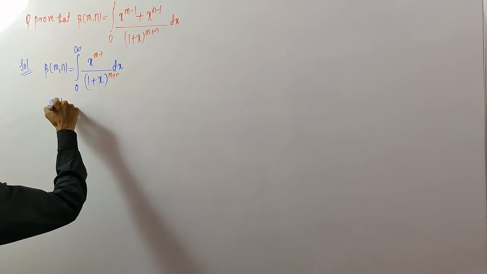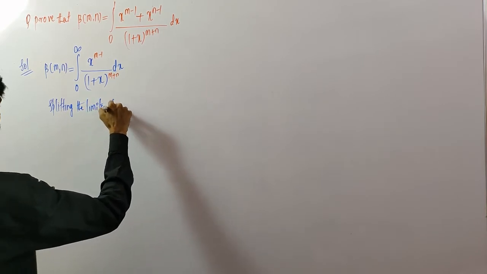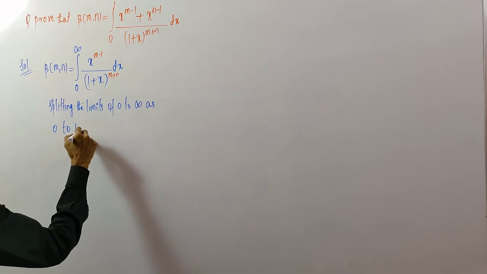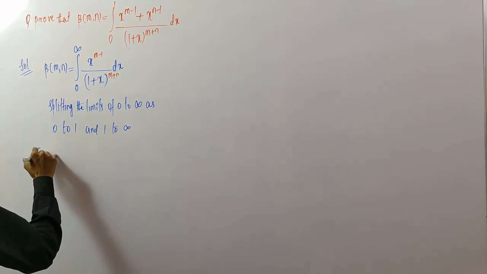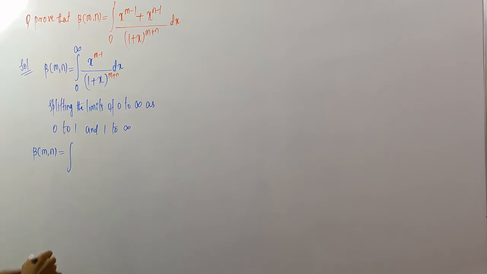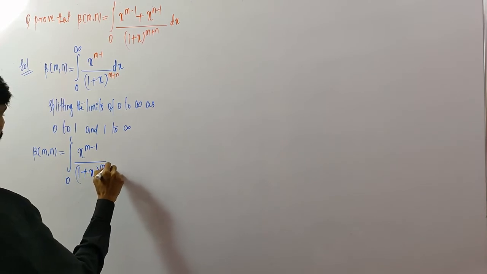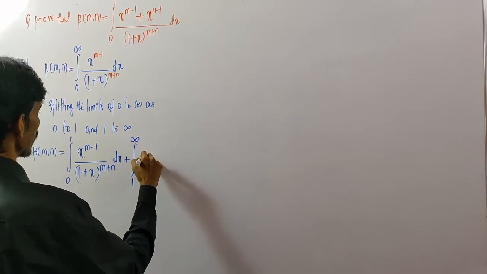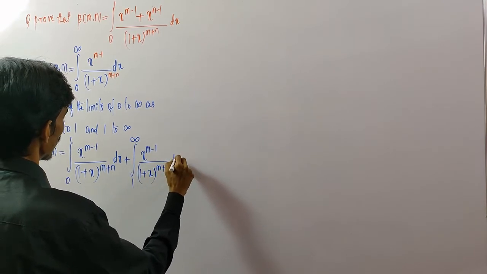So beta of m comma n is equal to integral 0 to 1 of x power of m minus 1 divided by 1 plus x whole power of m plus n dx, plus integral 1 to infinite of x power of m minus 1 by 1 plus x whole power of m plus n dx.